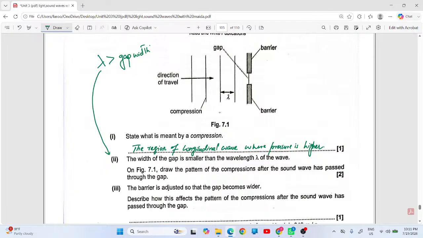Sir, no. Why no? वेवलेंथ तो गैप से ज़्यादा है. ये कंडीशन मैं कल से बता रहा हूँ कि जब भी वेवलेंथ गैप के साइज से ज़्यादा होगी, it will show diffraction. If the wavelength is less than the gap width, then diffraction नहीं होता. क्योंकि वेवलेंथ is greater than the gap width. ये याद रख लें, this is the condition for diffraction. क्या कंडीशन है बच्चे? वेवलेंथ must be greater than the gap width.